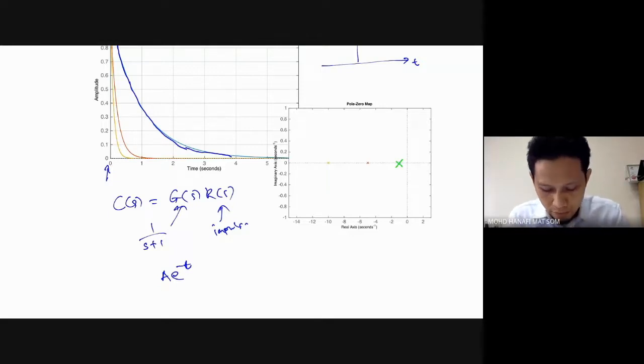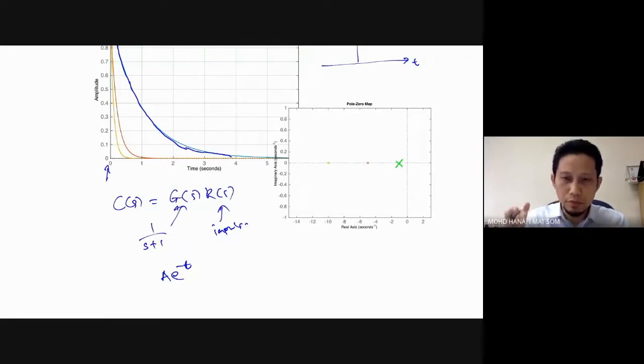If you calculate using your calculator, exponential negative t, you will get some value. As you vary the value of t from 1, 2, 3, 4, 5, the value of exponential negative t becomes lower and lower.